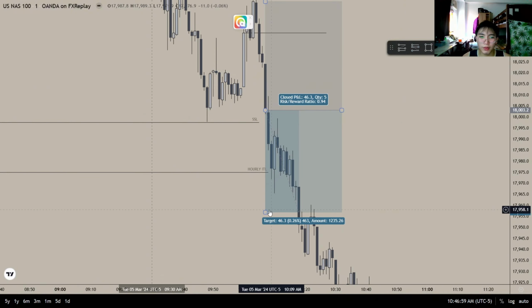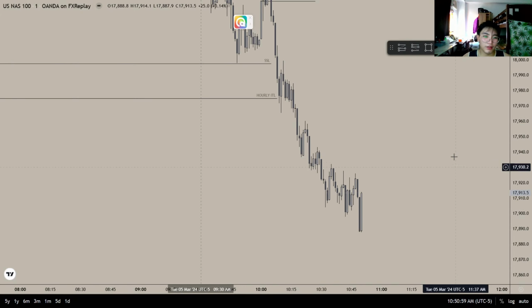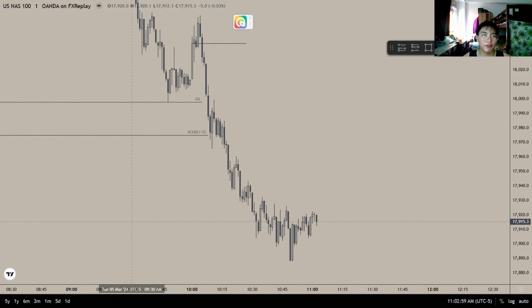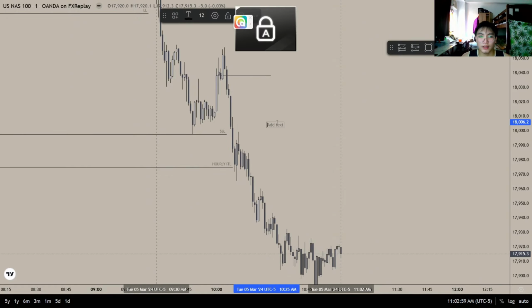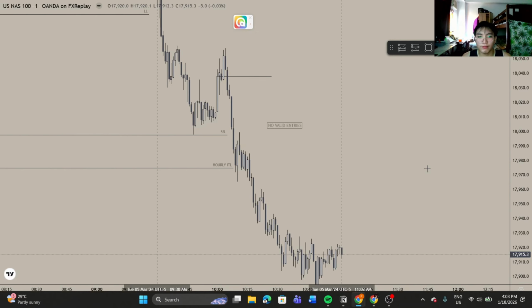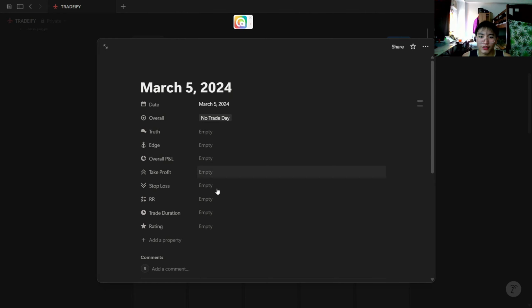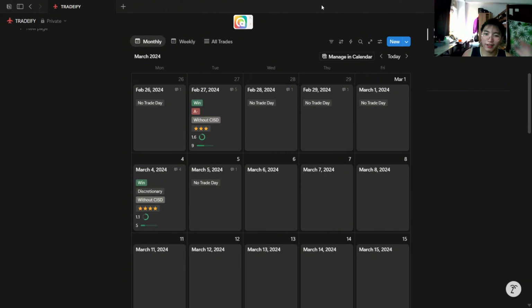Taking these shorts, the probability is lower in my opinion. So yeah, this is a no trade day for me. No valid entries. I'll show you also how I log it on my Notion. Currently, not really having many trades in March, only a couple percent at the most.